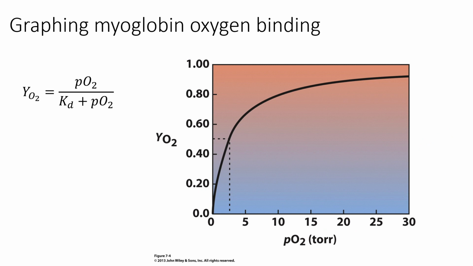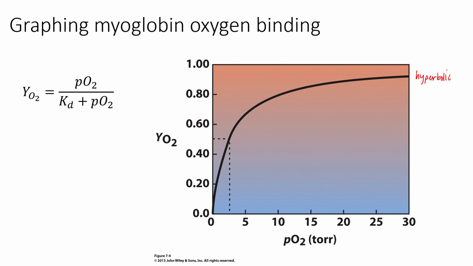So here on the left, we have a picture of our fractional saturation equation, and we can draw that as a curve. And this curve, as we can see in this graph, is a hyperbolic curve.